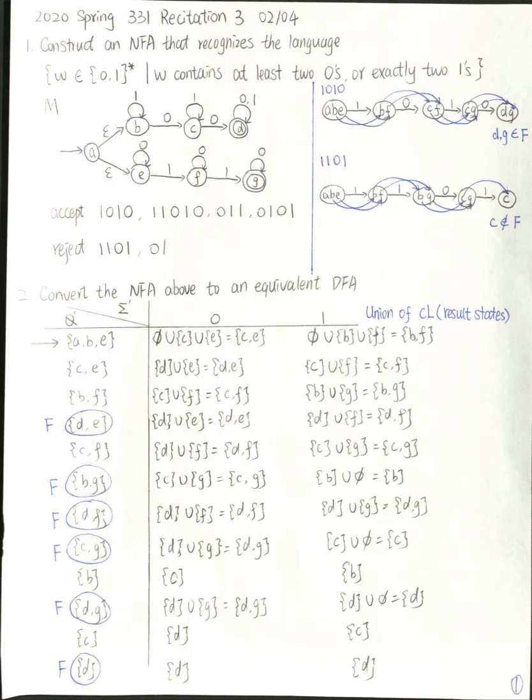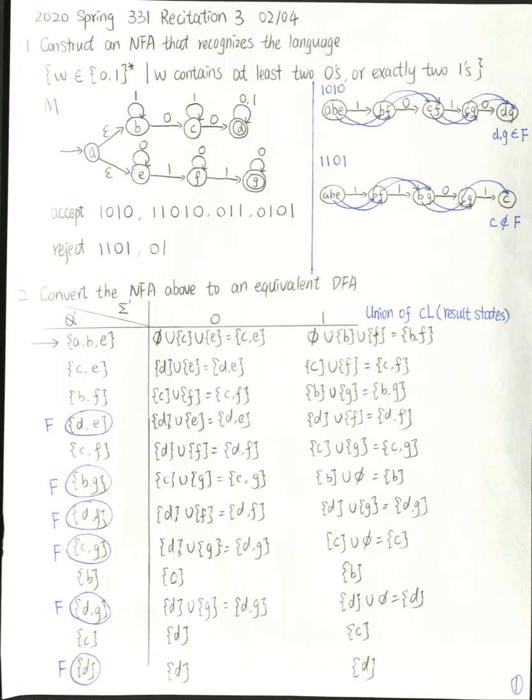For example, if I read 1 from state B, then I will stay at state B. That means I have read non-zeros. And if I'm at state C, I read a 1, I stay at C because I have only read 1 single 0.